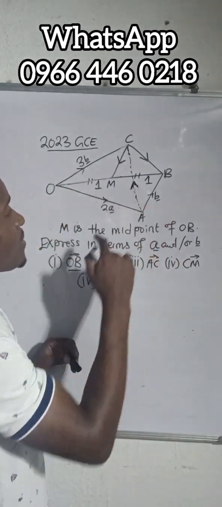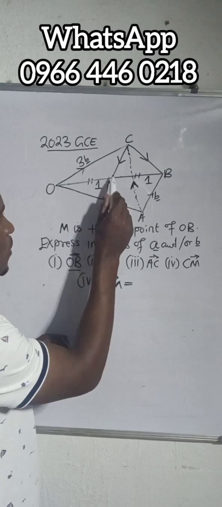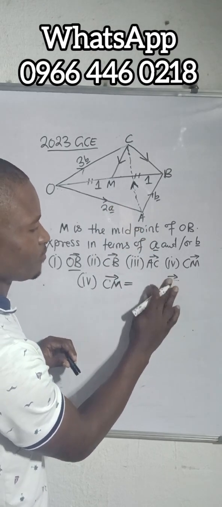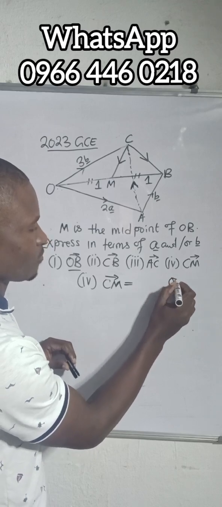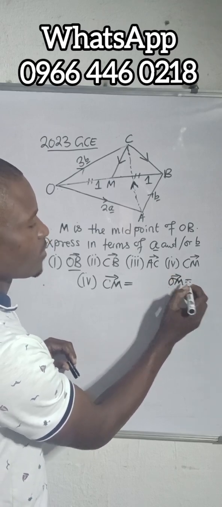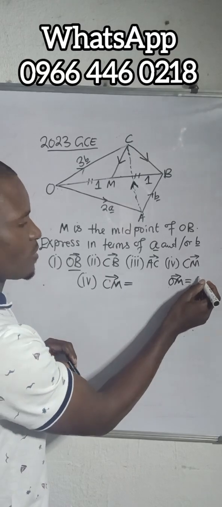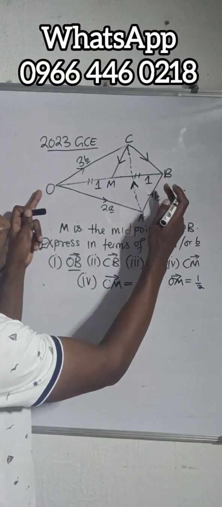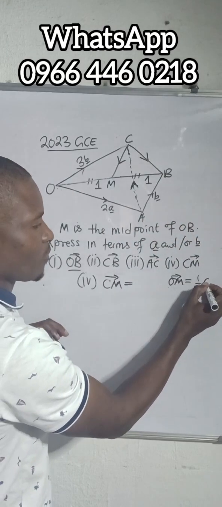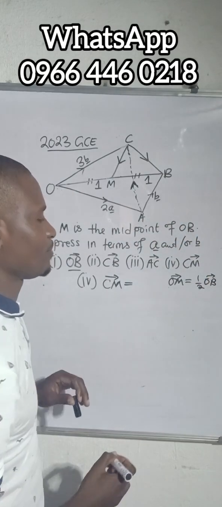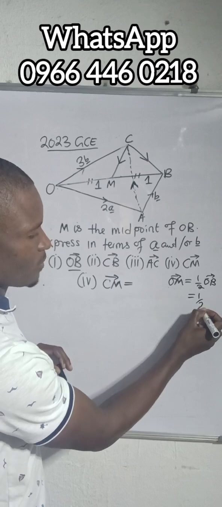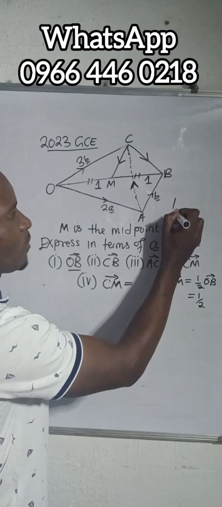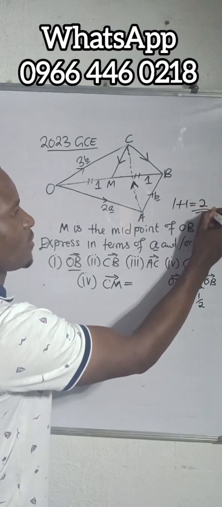So in this case, we know that from O to M is just 1 over 2 of this line, which is just OB, which we know of vector OB. Now we know that this OB is 1 plus 1, which is just the 2.